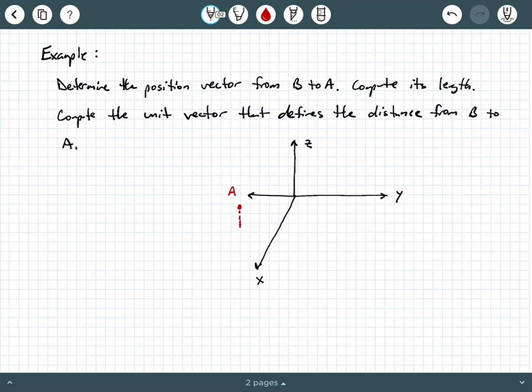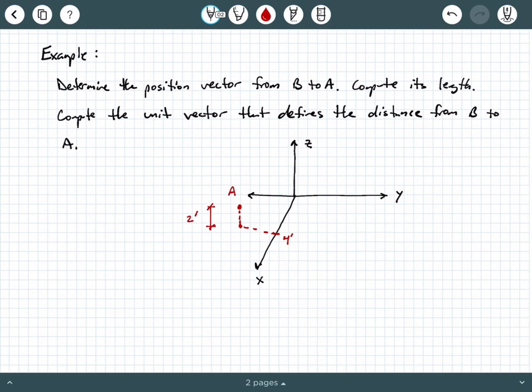Let me project this down. Here we go. A 4-foot distance here, 4 feet. And then it's going to have a height in the z direction of 2 feet. So this is 2 feet here. And again, along the x-axis, it's a distance of 4 feet.